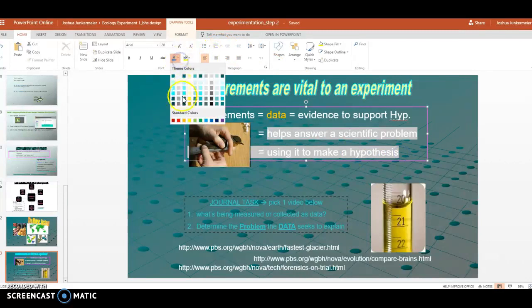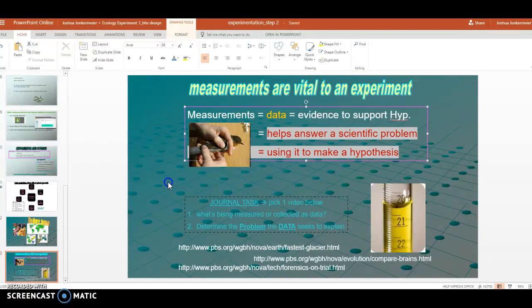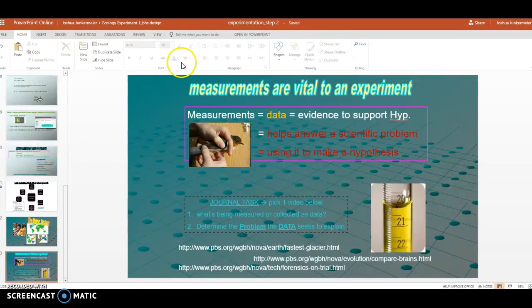I'm going to make them the same color because they're the same thing. Let's see if I can choose a good color. All right. Good enough for now. Okay, so when we use our data and the measurements to answer a mystery or a question, a scientific problem, we're making our hypothesis.